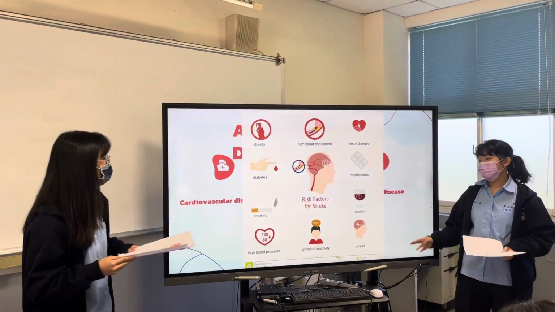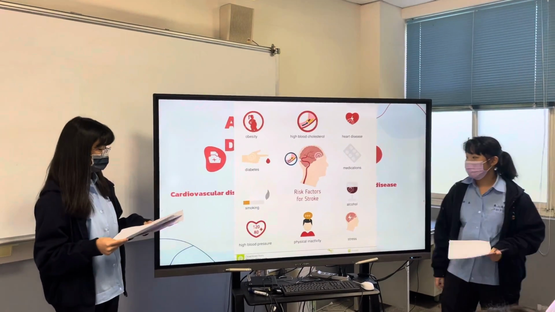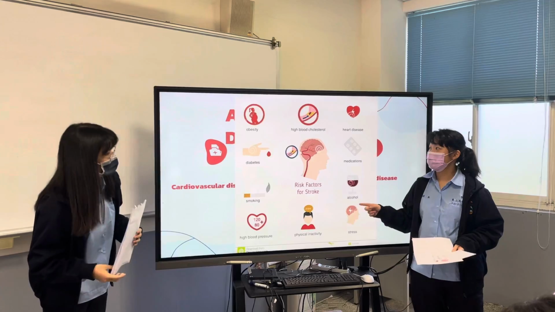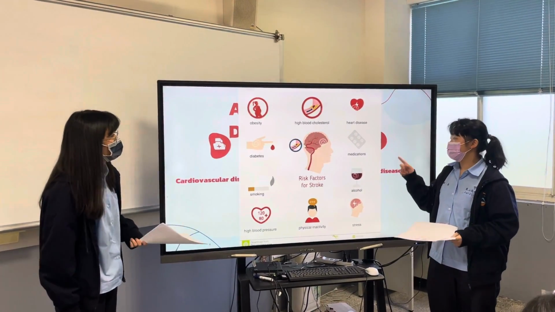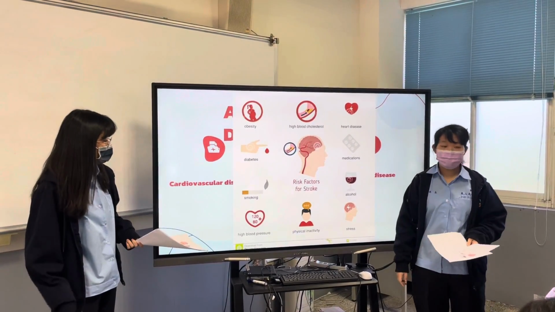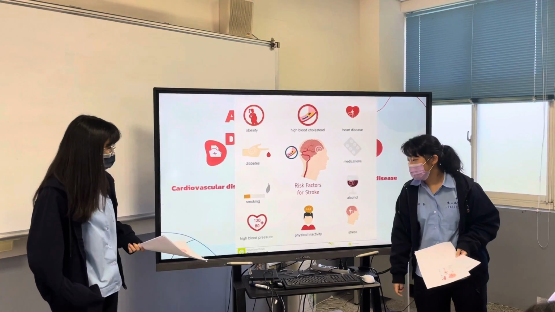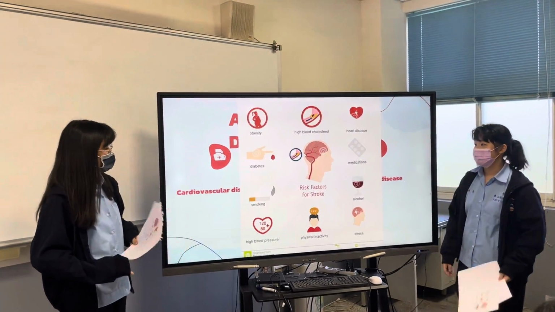Cerebrovascular disease, in a simple word, is stroke. The risk factors for stroke are obesity, high blood cholesterol, heart disease, medication, alcohol, stress, physical inactivity, high blood pressure, smoking, and diabetes.